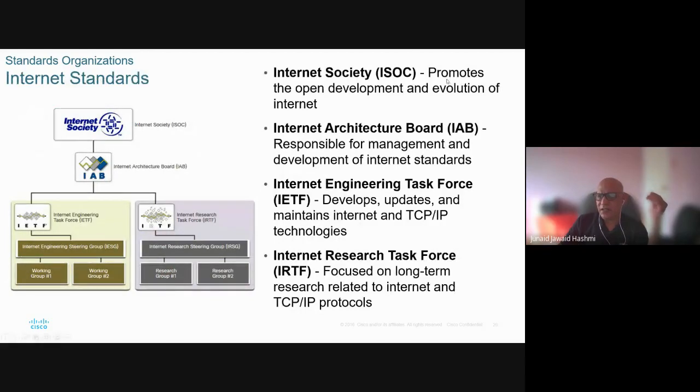These are different; you can read them on your own. This Internet Society, IAB, Engineering Task Force, they all deal with the internet.